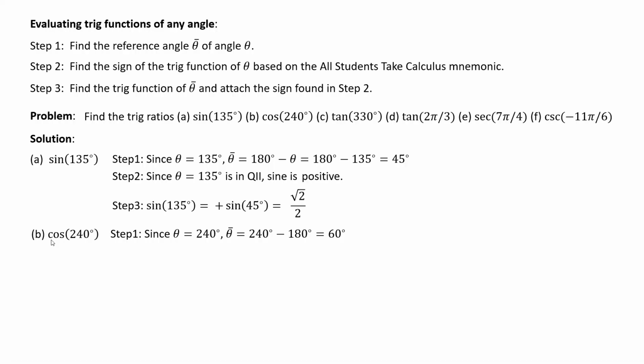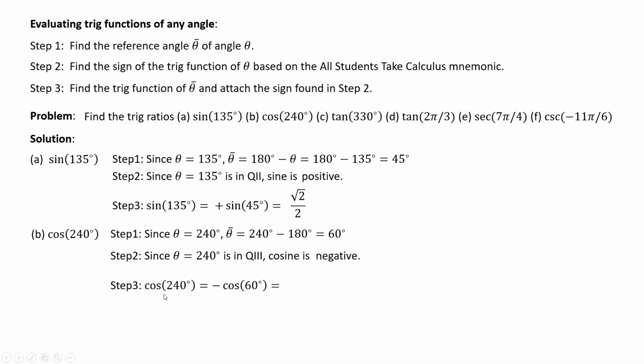Tangent and its reciprocal are the ones that are positive. So when we are looking at cosine, that is negative in the third quadrant. So step 2: in Q3, cosine is negative. Step 3. Cosine of 240 is therefore the same as cosine of 60, the reference angle. The only thing is you must take a negative sign based on step 2. And cosine 60 is 1/2, so negative 1/2. Done.